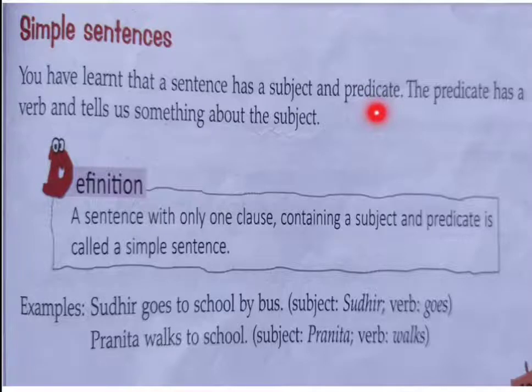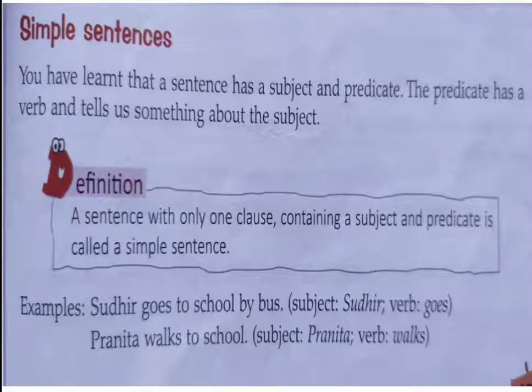Now what is subject and what is predicate? We have learned that the part of a sentence which names the person or thing, like a noun or pronoun, that we talk about is called the subject. And the predicate contains a verb and says something about the subject. So in a simple sentence we will get subject and predicate both.